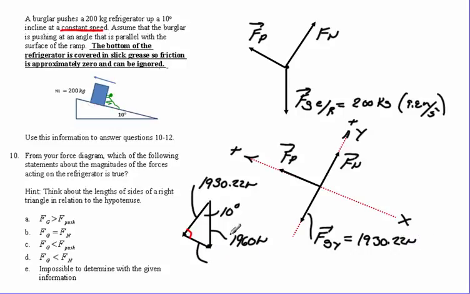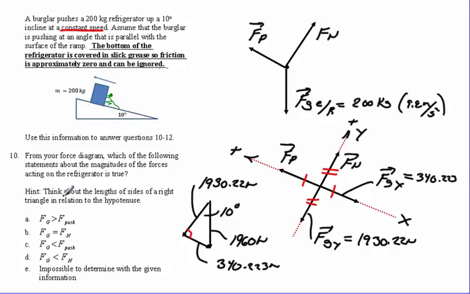This value here will be 1960 times the sine of 10, which gives us 340.223 newtons. We add it to our tilted free body diagram, and this will be the force of gravity in the x direction, equal to 340.223 newtons. Now the magnitudes here will be the same, and here will be the same.